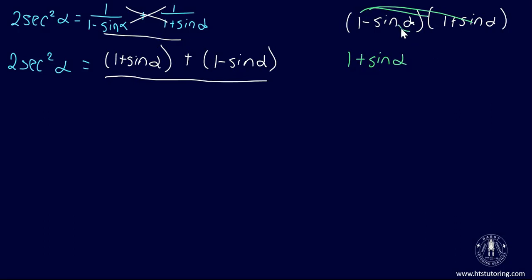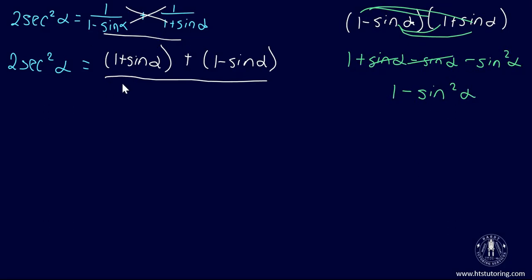Then I multiply negative sine alpha through, and I get minus sine alpha minus sine squared alpha, because sine alpha times sine alpha is sine squared alpha, and it's a negative times a positive, so it's a negative. Sine alpha minus sine alpha goes away, and I end up with 1 minus sine squared alpha.